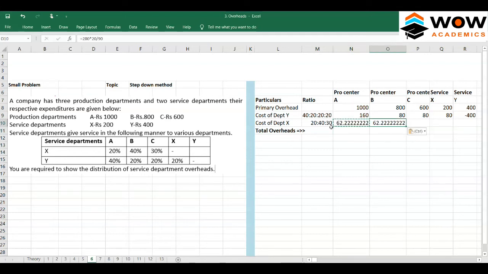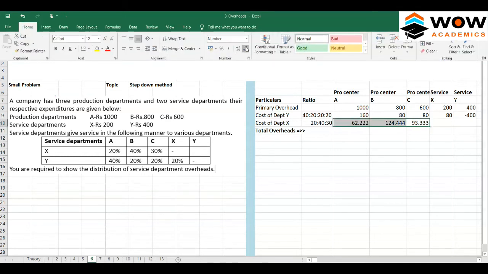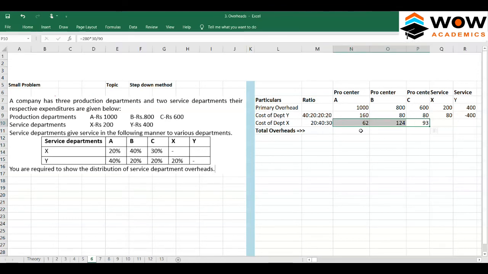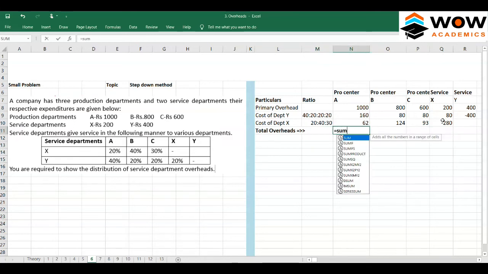So here it is going to be 40. So here it is going to be 30. So done. Now we have to remove the X cost, that is 280, and the sum would be the total of all these.